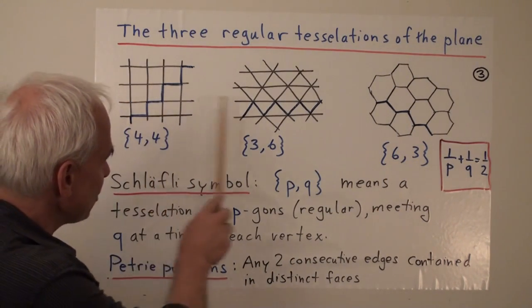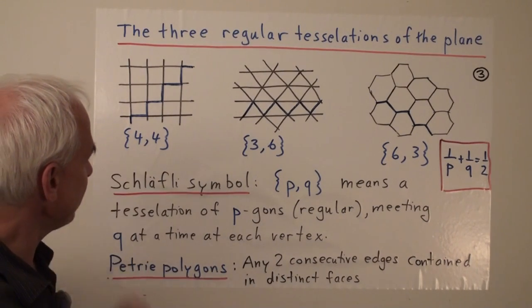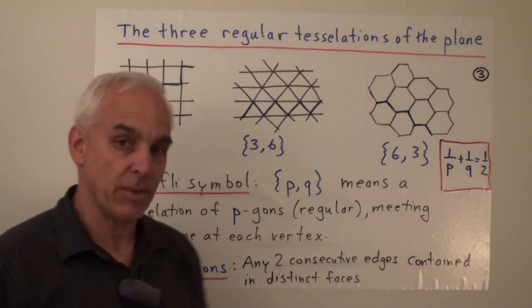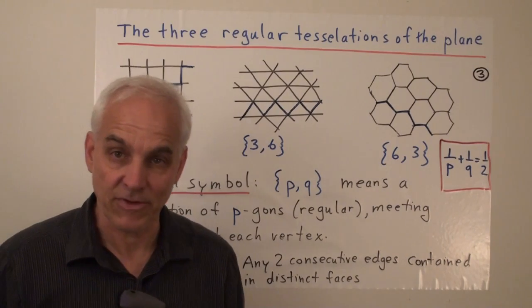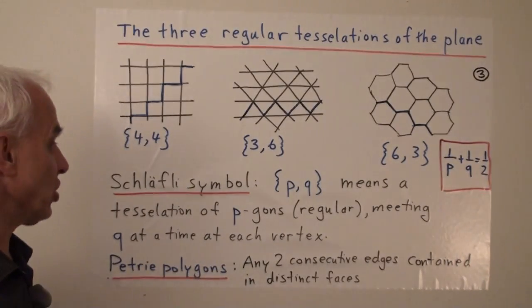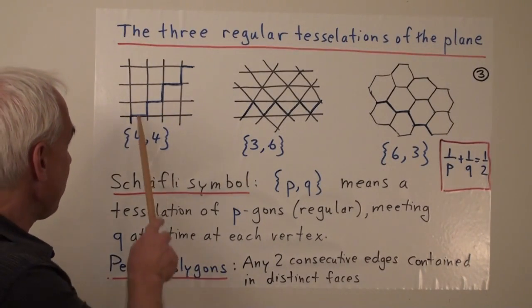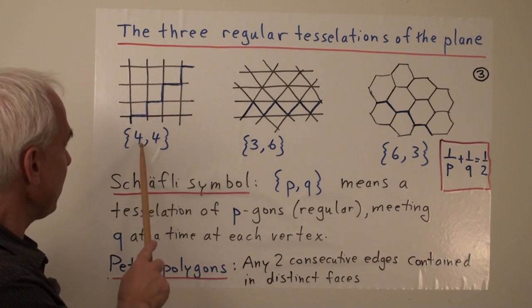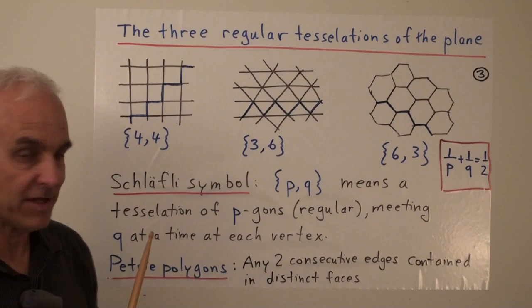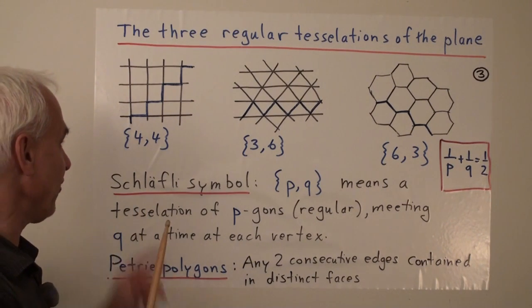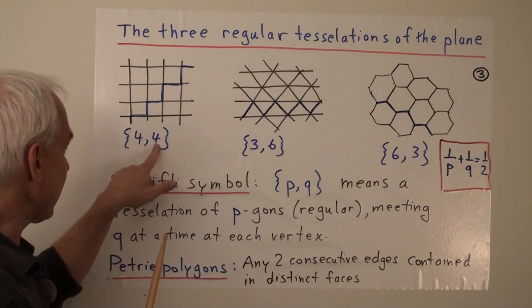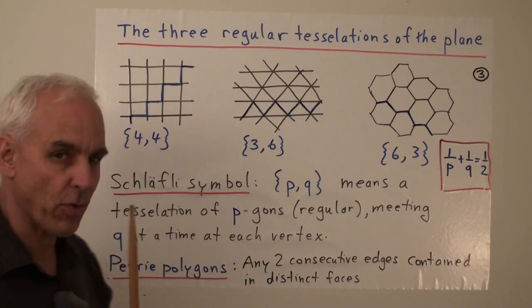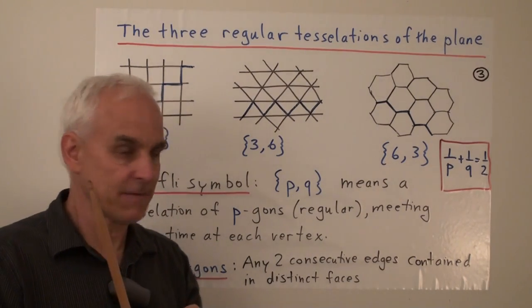And these are described by what's called a Schläfli symbol. This is a notation that was introduced by Ludwig Schläfli, a famous 19th century Swiss geometer. So the idea is that we're going to represent a square tessellation like this with the 4, 4 representing the fact, first of all, that each of the tiles is a square, and the second number telling us that there's 4 squares meeting at a vertex.